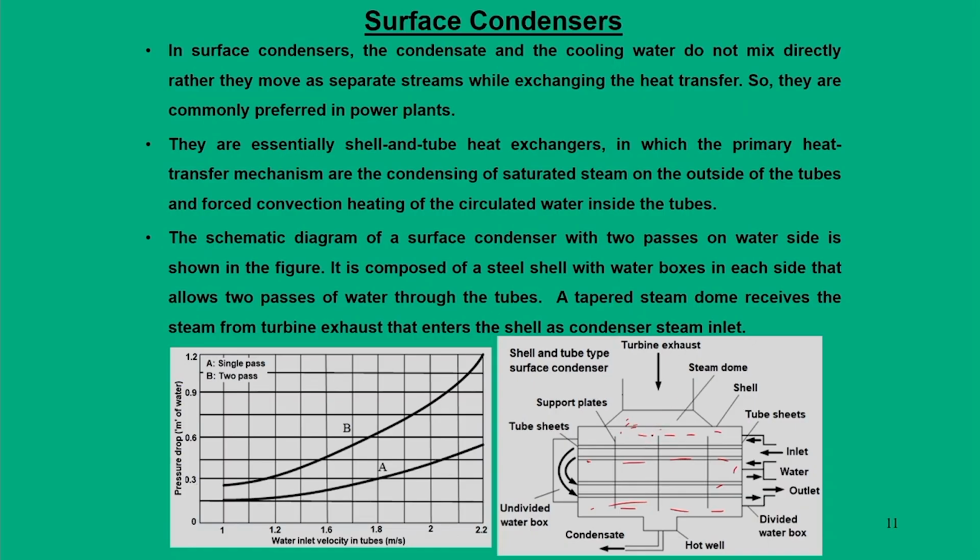So, the steam gets condensed, and the condensate is collected in the hot well, which is below the shell. In this process we get much more enhanced heat transfer, and a means of giving high quality circulating water to the boiler. That is the advantage of surface condensers.